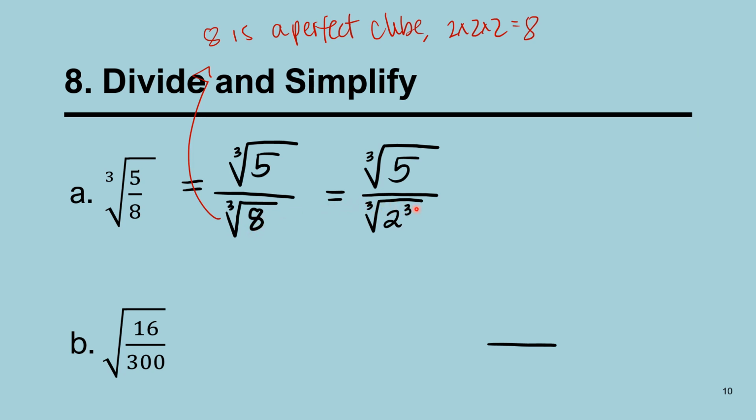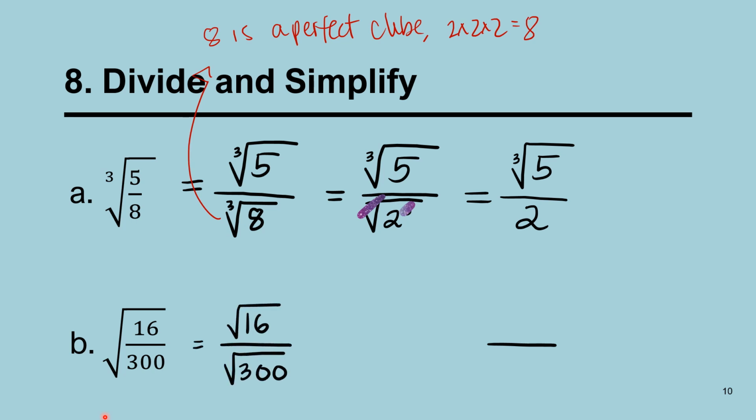And down here in the denominator, when our index matches our exponent, that cancels each other out. So a cube root cancels out a cube. In the bottom, we're left with 2. The top stayed the same, cube root of 5 over 2. There's nothing else we can simplify, so we're done with that one.